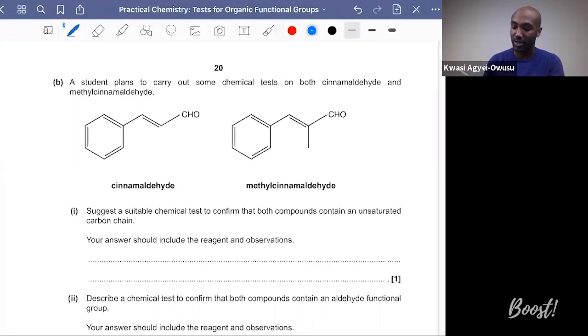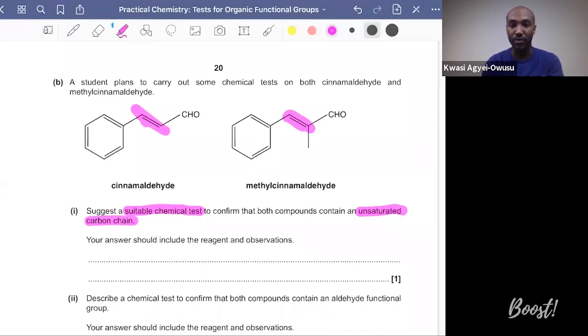So this is the typical test for unsaturation. We pick up our highlighter: suitable chemical test to confirm that both compounds are unsaturated. In other words, how would you identify these carbon-carbon double bonds as being present? Your answer should include the reagent and observation, so you need to be saying at least two things for just the one mark.